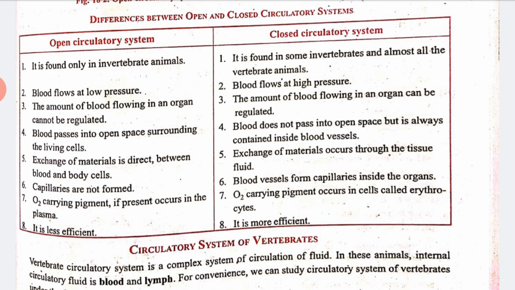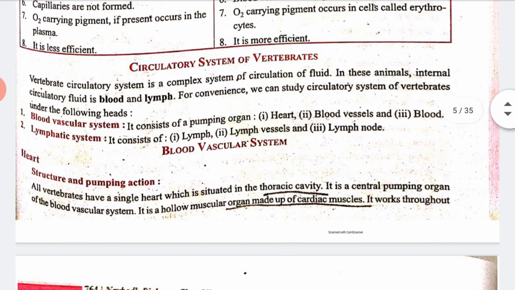Now let's see the circulatory system of the vertebrates. In vertebrates, the circulatory system is a complex system of circulation of fluid. In these animals the internal circulatory fluids are known as blood and lymph. For convenience we can study the circulatory system of vertebrates under the following heads: blood vascular system and lymphatic system.